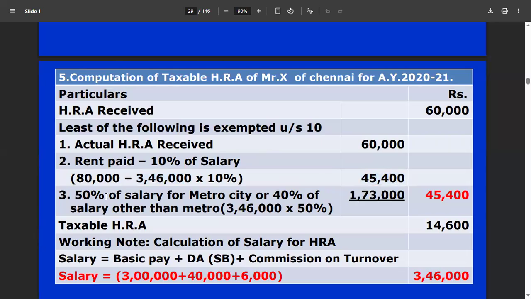And the third condition, 50% of salary because in metro, is 1,73,000. So actual is 60,000, rent paid minus 10% is 45,400, and 1,73,000. I have to take the lowest. The lowest is 45,400. So HRA minus the exempted part, whatever remains, is fully taxable.